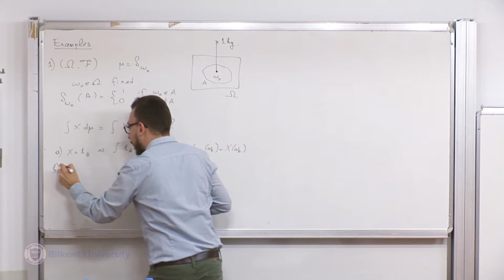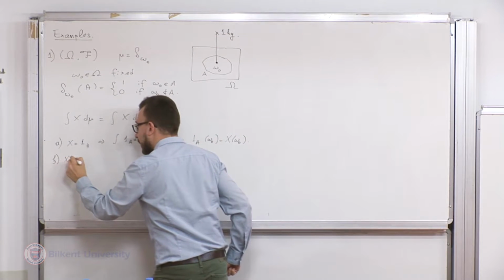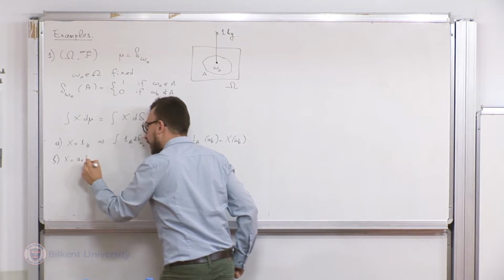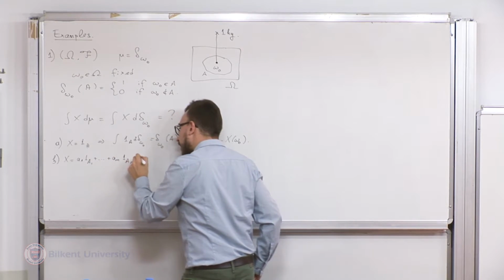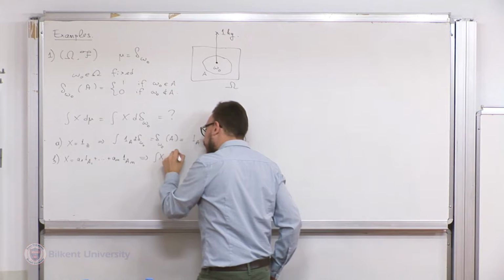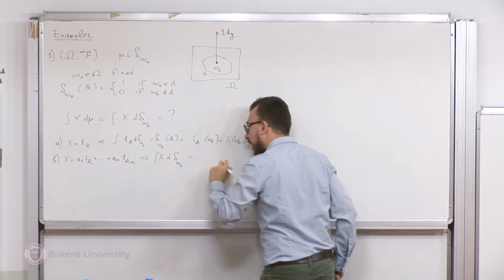Well, you can generalize your result. Let's say x is a1 indicator A1 plus and so on up to am indicator AM. In that case, the integral of x d Dirac will be what?